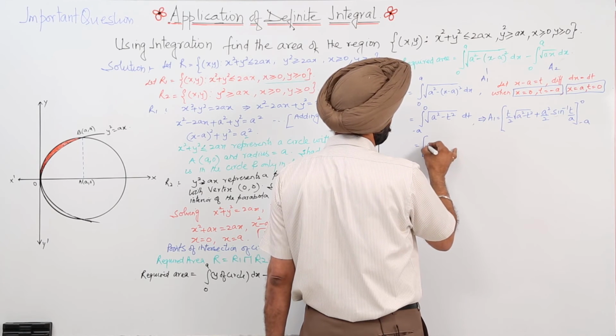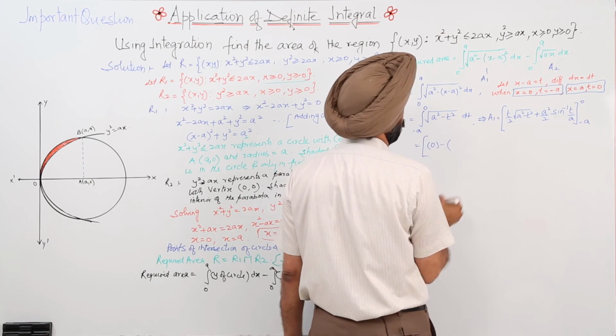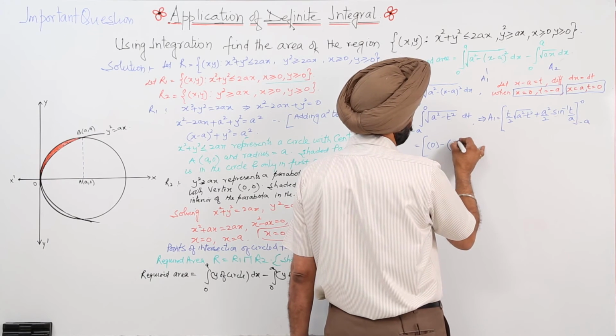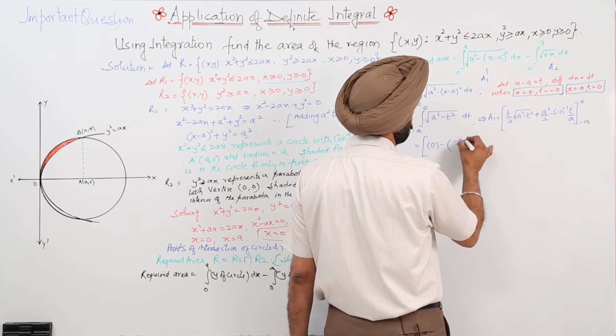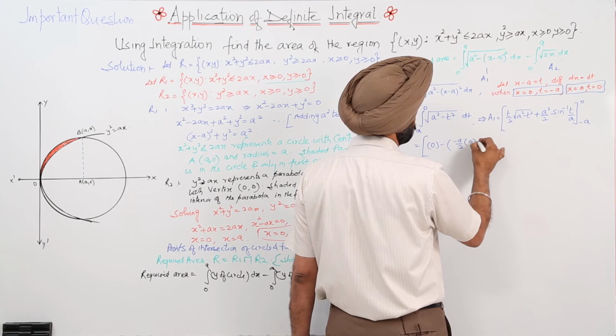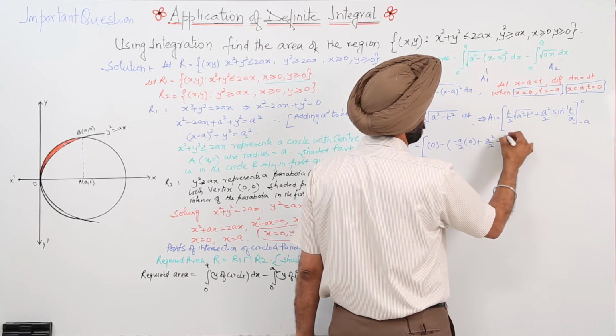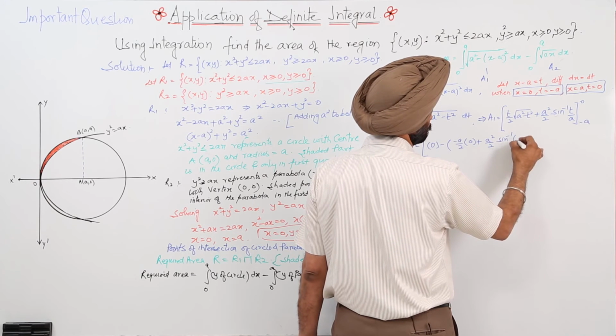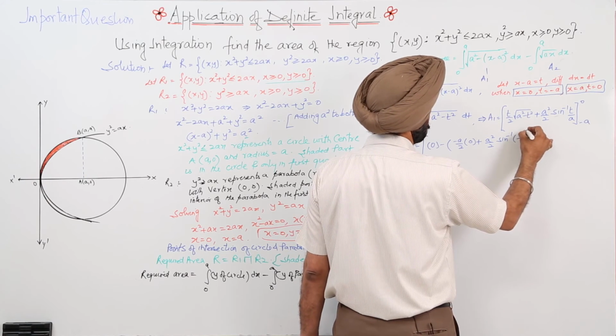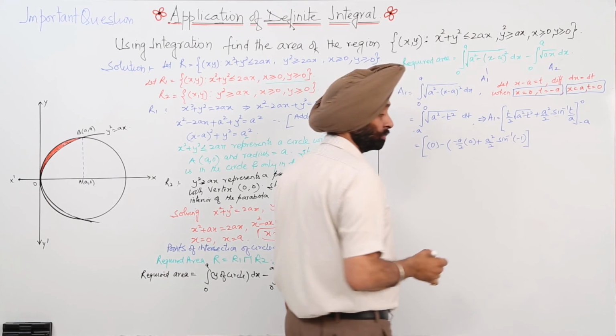Okay. Now this is equal to 0 minus [(−a/2)(0) + (a²/2) sin⁻¹(−1)].